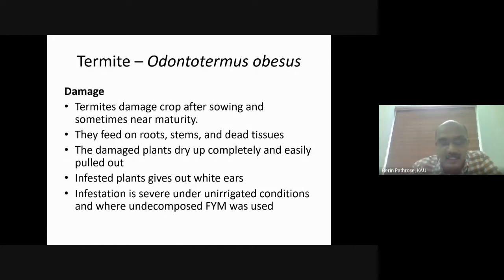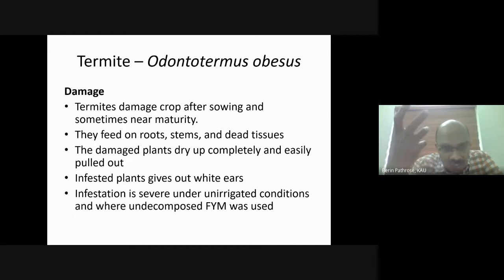The plants will get dried out, and because of the feeding and drying of the roots and drying of the leaf, the panicles which emerge will show the white ear symptom, just like what we have discussed about stem borer in rice. Because the developing panicle or the ear, here it is ear, won't receive any nutrition.